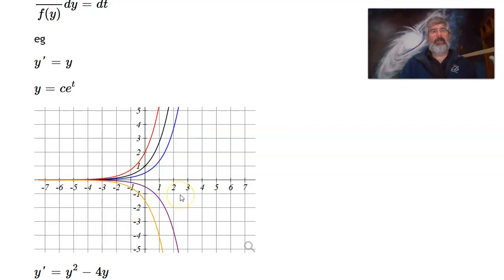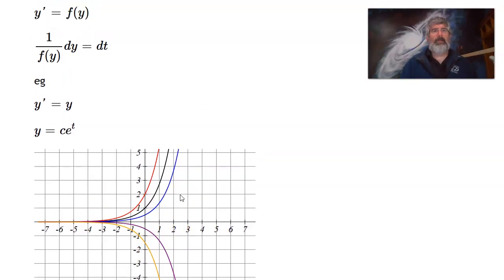Now, one of the things I need to point out is that because the derivative of y is not dependent on t or x, I almost said x, but x and t are interchangeable, right? When you draw a slope field, it's really easy to do because you can just figure out what's going on with respect to y. Nothing changes with respect to x.